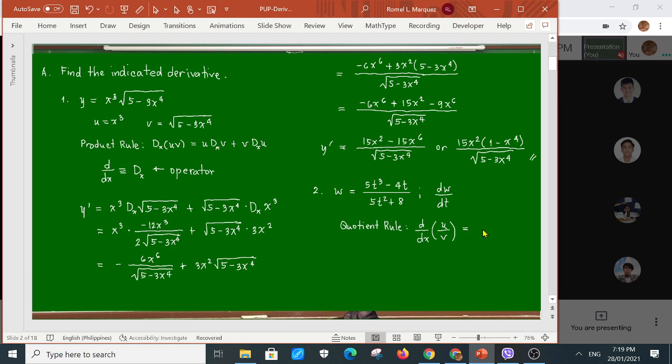That is low, that is v, d-high, meaning the derivative of u with respect to x, minus u, that is high, d-low, meaning the derivative of the denominator v, all over the square of the denominator. If you're going to use the derivative operator, be sure to use a small letter d, not a capital, like this.